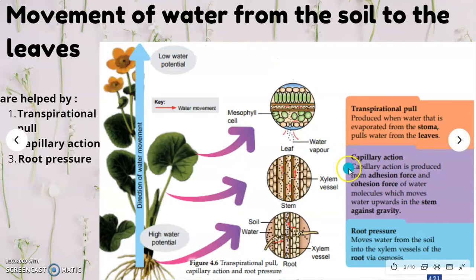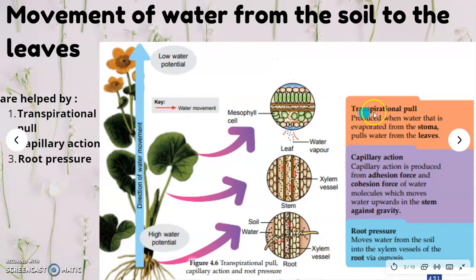Later we will discuss more about it. This refers to the xylem vessels of the stem. What we can see here is capillary action, produced from adhesion force and cohesion force of water molecules. That produces a pulling force to pull water up to the leaf. That is capillary action.